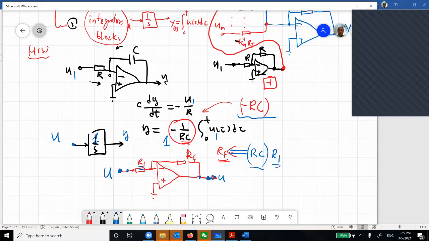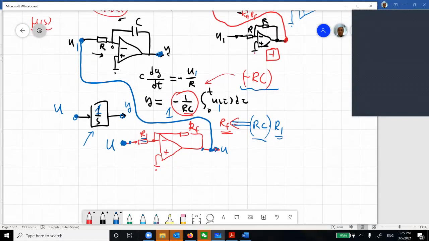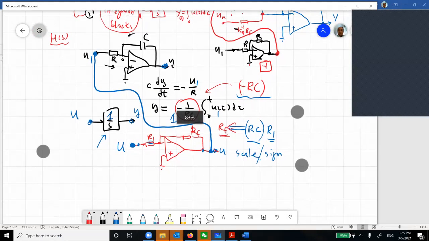I pull out this wire and hook it up here. Then from U to Y is exactly like this one, okay? So you can always scale or change sign. That doesn't matter, okay? That's my point.